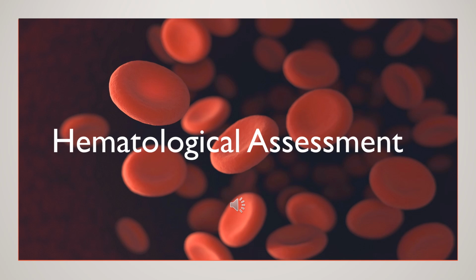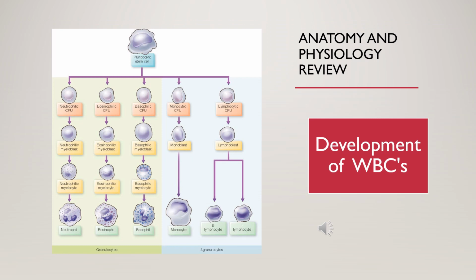So let's begin. HemeVOweek6 is the development of our white blood cells. These, as you can see on the slide, are how our stem cells divide and then become a variety of different white blood cells.